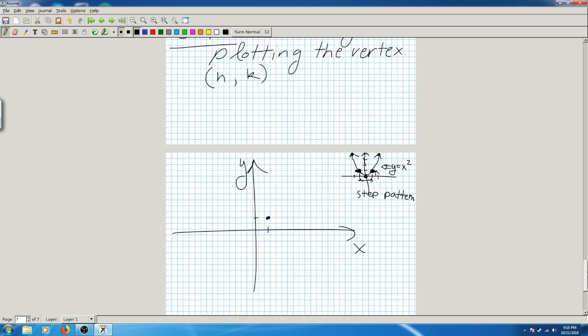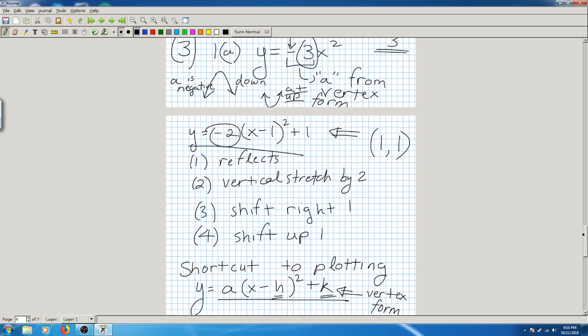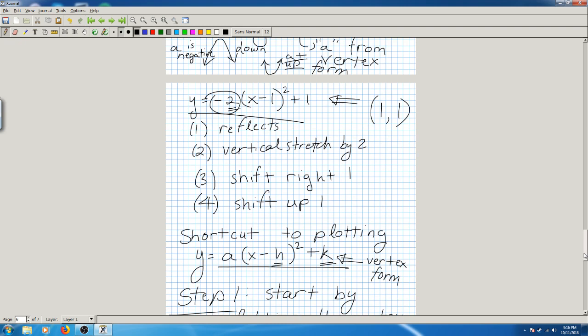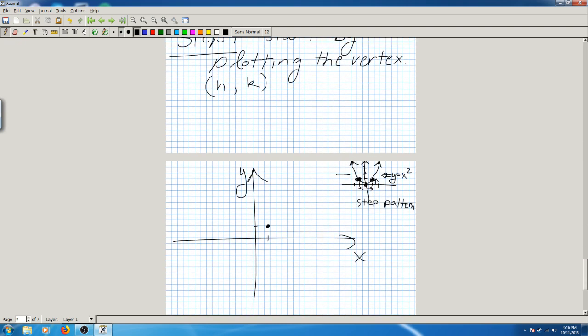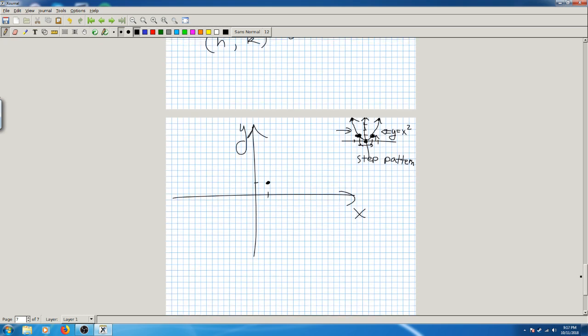What happens when I'm given an example with an a value like this, negative 2? Well, that negative means I go downwards instead of up. In this example, I went up. In this example, I'm going to go down. The 2 tells me that instead of going in the y value by 1 point, like instead of going up 1, here I'm actually going to go down 2.